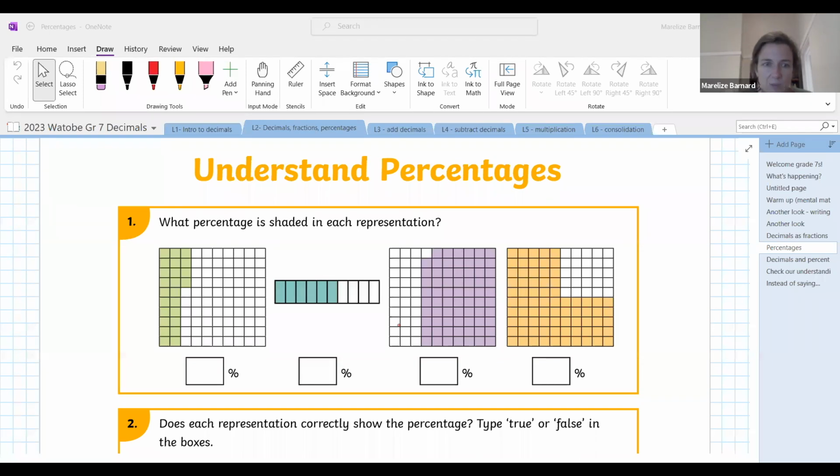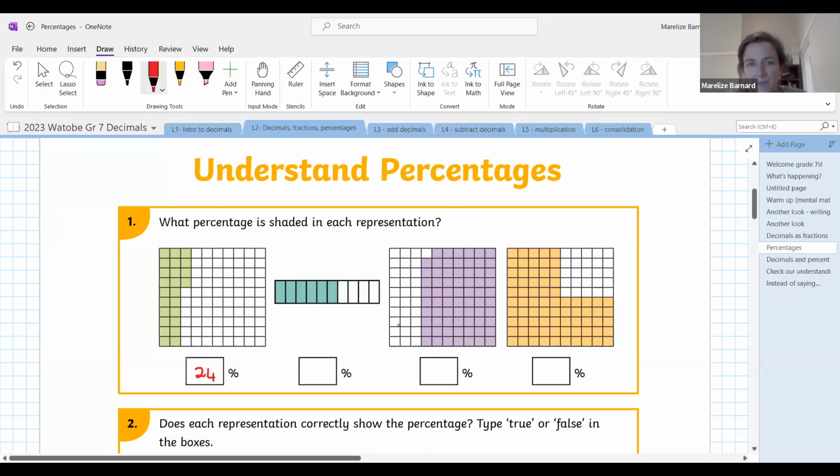I agree, that's 24 for the first one. Now, this one, we've got 1, 2, 3, 4, 5, 6, 7, 8, 9, 10. So what percentage of this one is shaded? If 6 of the 10 blocks are shaded, that is the same as 60%.